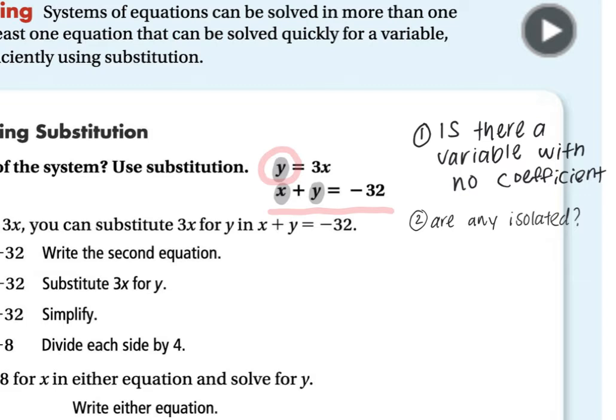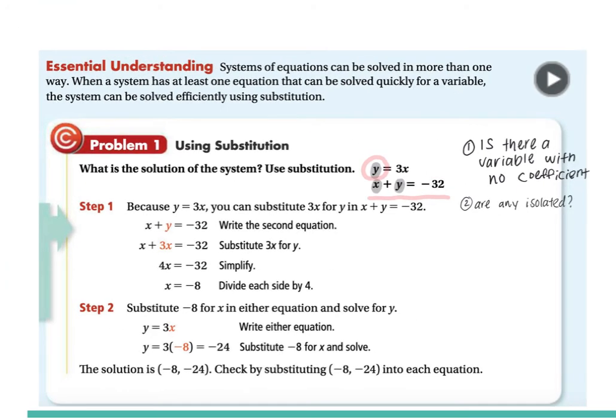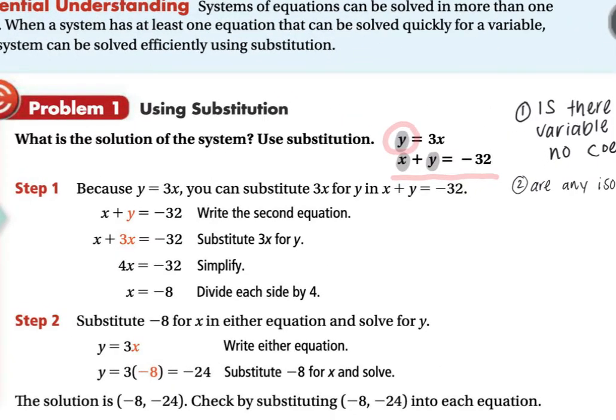So take a look down here. Wherever they had that orange y, they just put a 3x. So they had y here, and they plugged in 3x. So x plus y equals negative 32, x plus 3x equals negative 32, and then you just solve that equation.